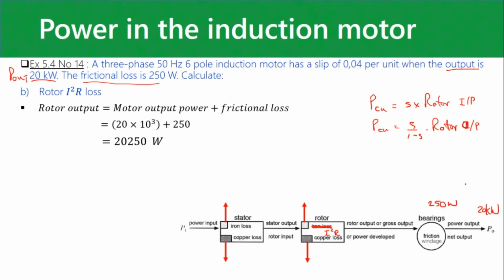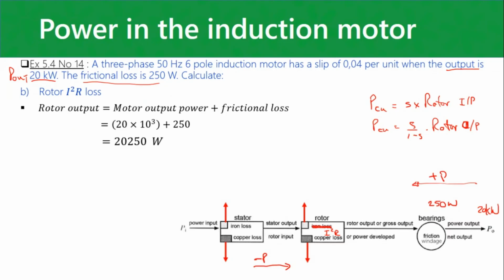So if you're working with this power and you're working in this direction, you must add power. If they give you power in and you're working in this direction, you must minus power because the power in the motor is getting less and less because there are losses.